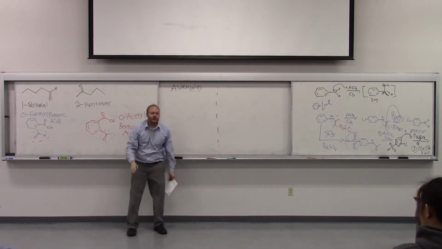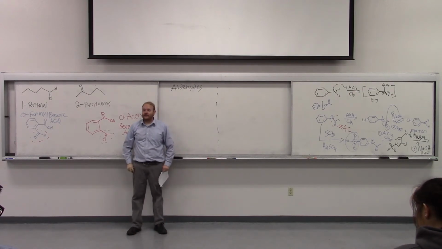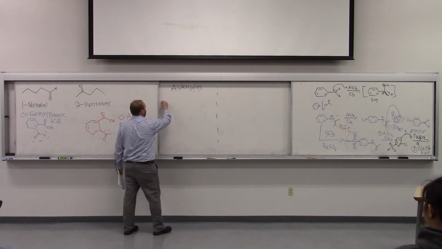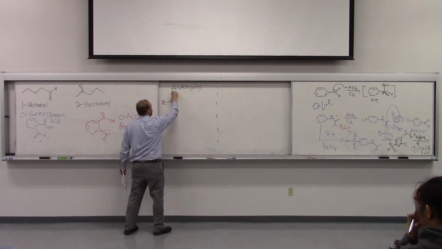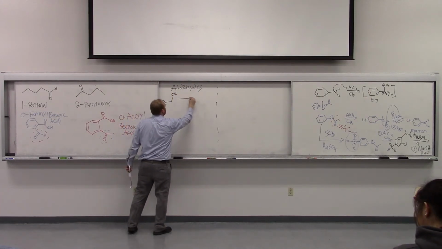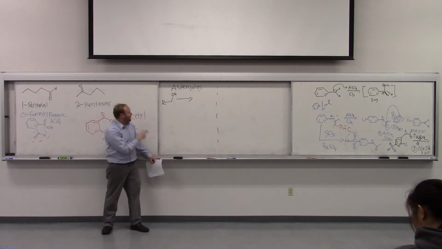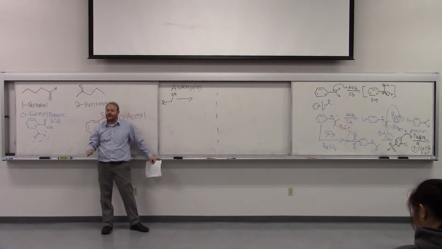Someone throw out a starting material and a reaction to make an aldehyde. Primary alcohol oxidation, great. And so there are a couple of oxidations we can do. The key, starting from a primary alcohol, is we've got to be dry. We have to do dry oxidations.